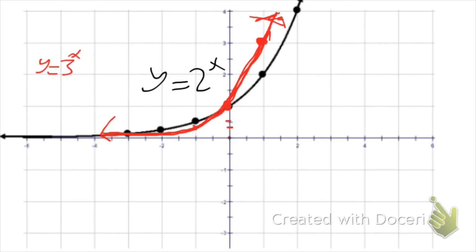So 1/4 is around here, and now the next point is at 1, where all of these intersect. At 1 we got 4, we got it at 4 over here. So our graph will look something like this, and it keeps going along parallel to the x-axis.